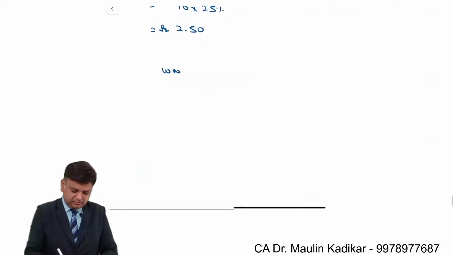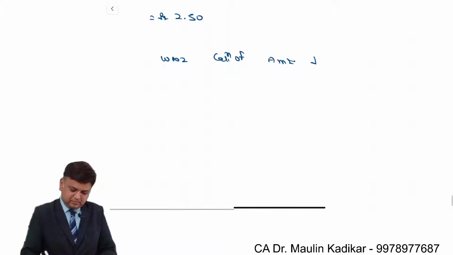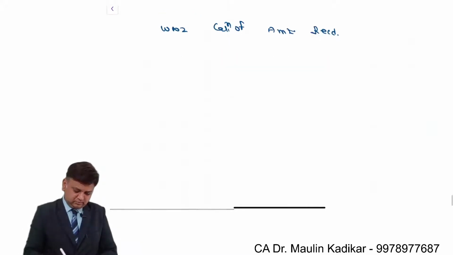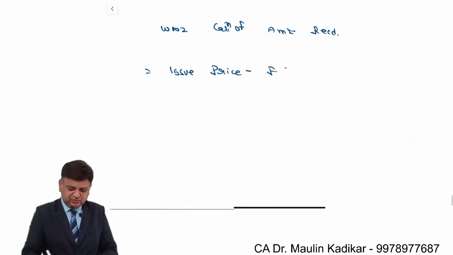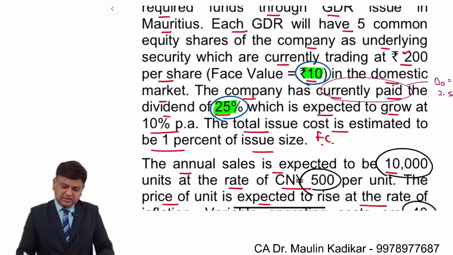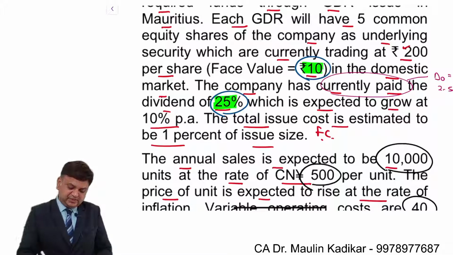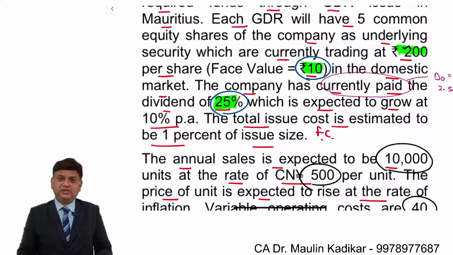Working note number 2, calculation of amount received. It is issue price minus flotation cost. We can see that over here the information is provided with the P0. Regarding issue price, no information is given.